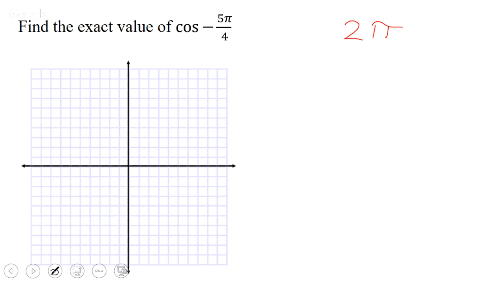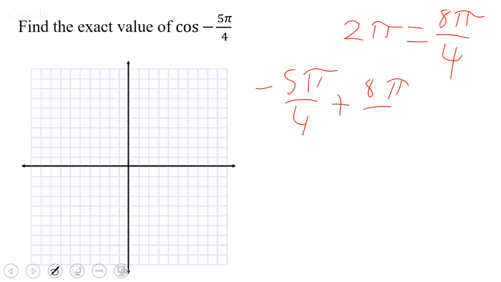Well, 2 pi with a denominator of 4 is 8 pi over 4. So 8 pi over 4 is 2 pi. So I'm going to add that. So negative 5 pi over 4 plus 8 pi over 4 is 3 pi over 4.